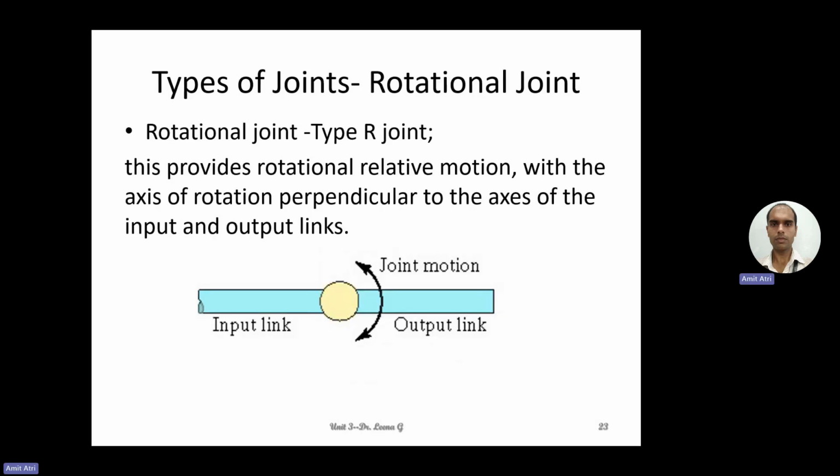Next, the rotational joint. This type of joint provides rotational relative motion with the axis of rotation perpendicular to the axes of the input and output links. So the axes of both of them are perpendicular and we have a rotational motion in this type of joint.